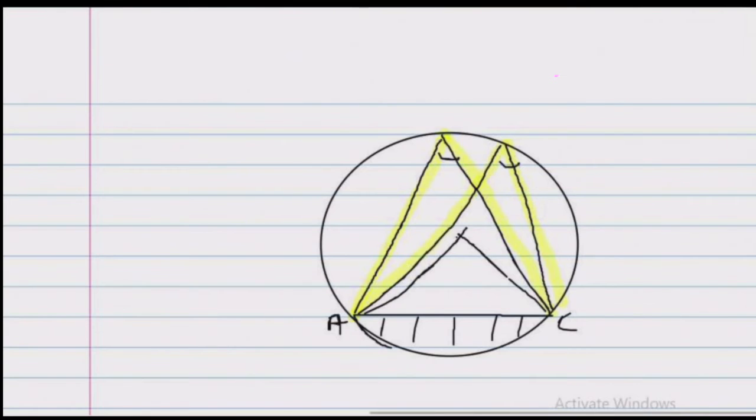Now, if two angles are subtended by the same arc, which is arc AC, it means these two angles are equal. Meaning, if this angle is x, this angle will also be x.